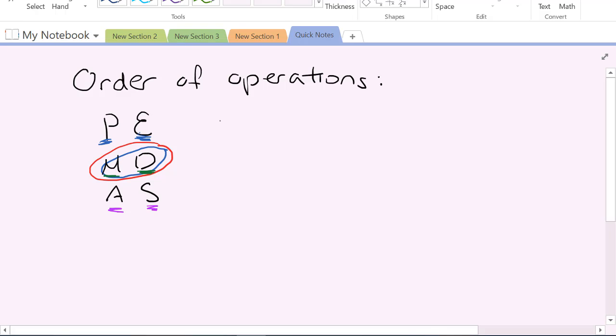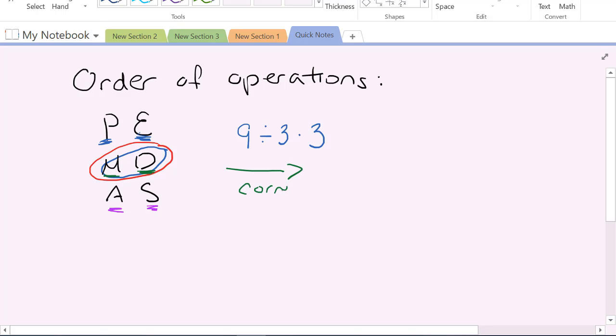So when I say you do whichever one comes first, let's say I have an example that is 9 divided by 3 times 3. The proper way to compute this is to go left to right, meaning you first divide and then you multiply, because whenever multiplication and division are next to each other, you do whichever one comes first.